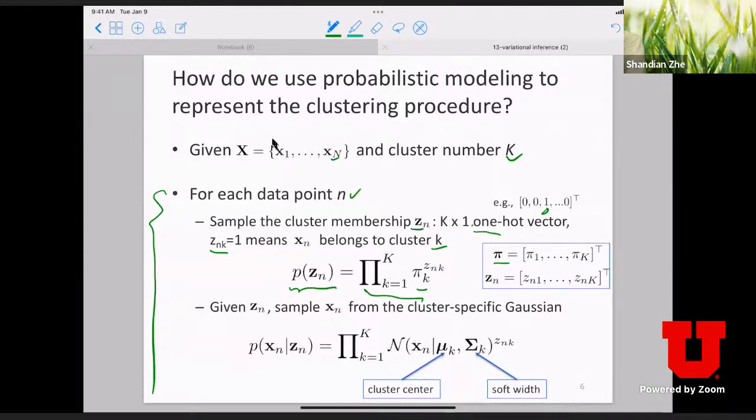And then, given the cluster membership, we're going to sample the data point Xn, which is essentially a feature vector, from a cluster-specific Gaussian distribution. So basically, we assume each cluster is associated with a cluster mean and cluster covariance.